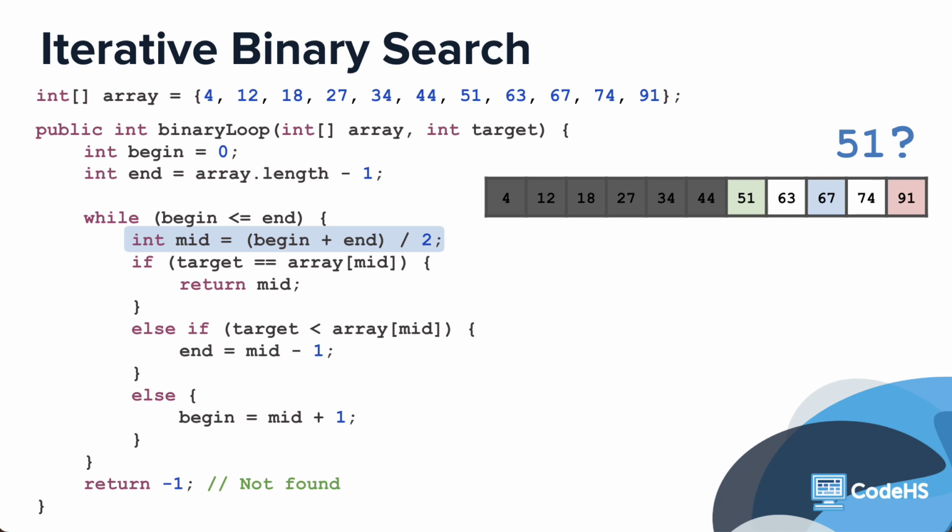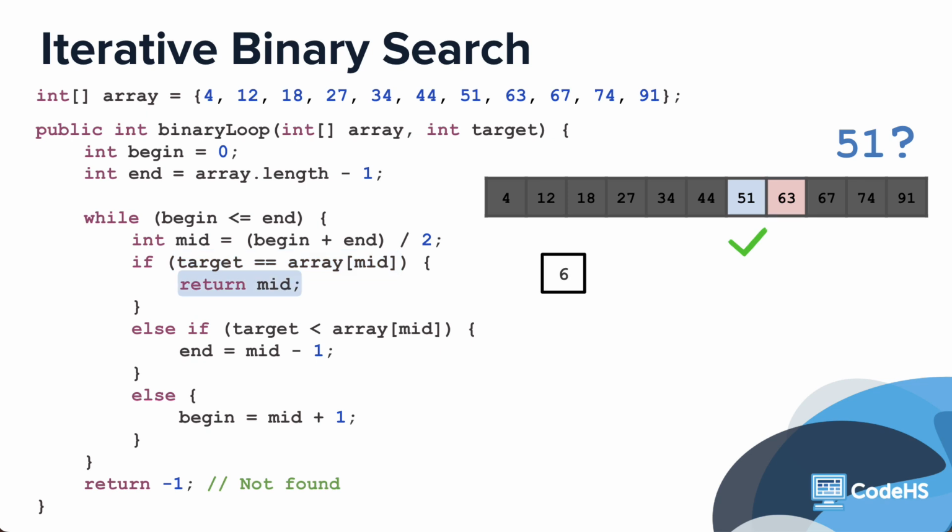Since the beginning index is now 6 and the end has not changed, the midpoint shifts to index 8. The target value is now less than the value of the new midpoint. With this in mind, the endpoint is adjusted and the top half of the array is eliminated. In the final iteration, there are only 2 values remaining. The midpoint value is calculated as the same value as the beginning point in this case. The midpoint value that is tested is equal to the target number, and the midpoint index is returned.